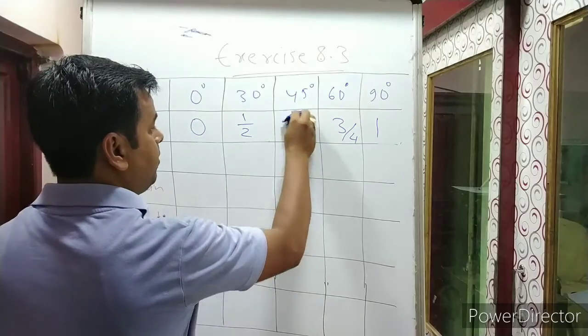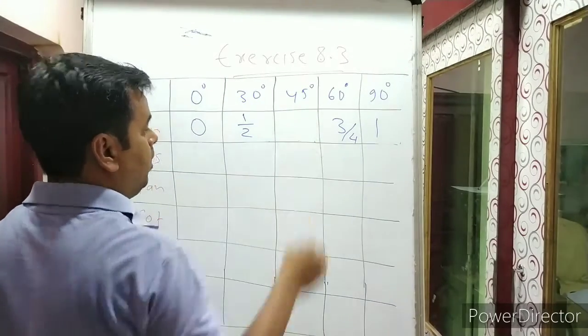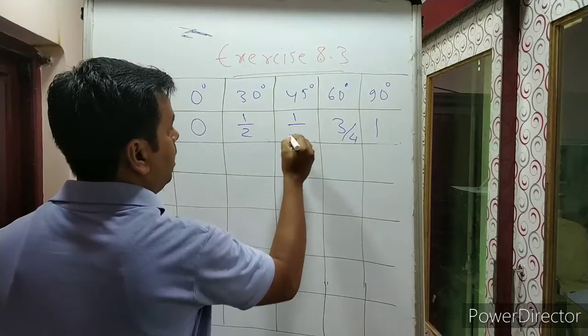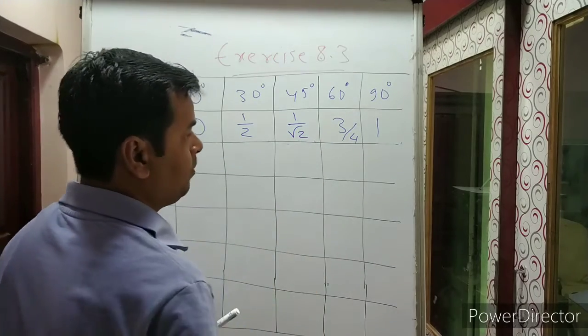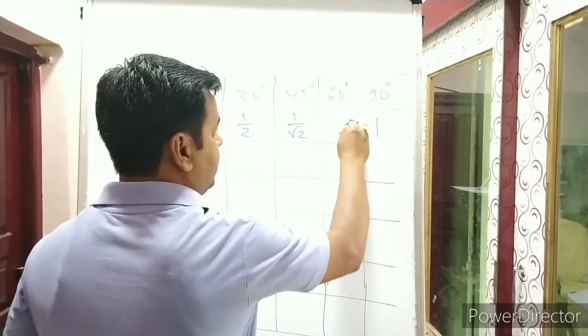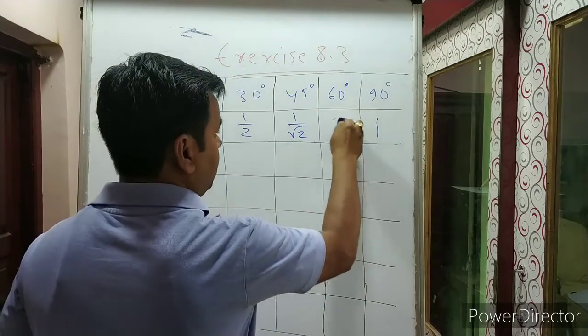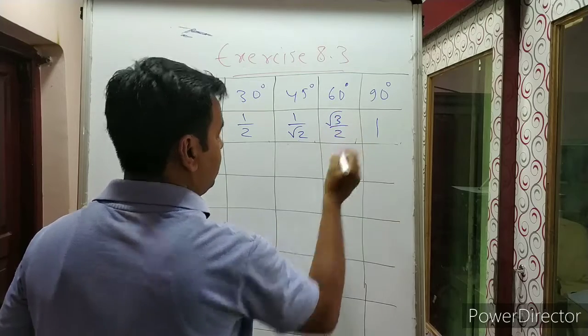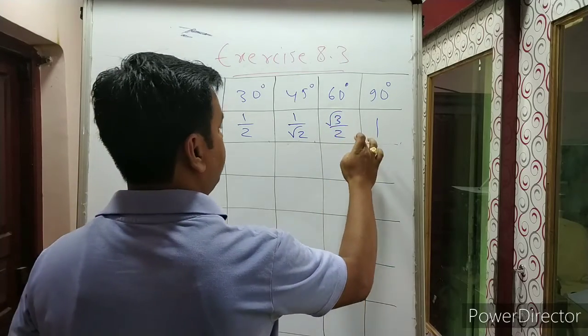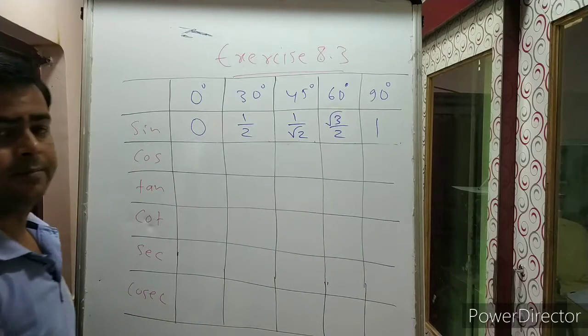The square root of 1 upon 2 will be 1 upon root 2, and the square root of 3 upon 4 will be root 3 upon 2, and the square root of 1 will be 1 only.